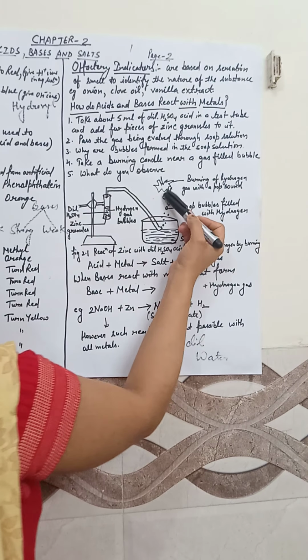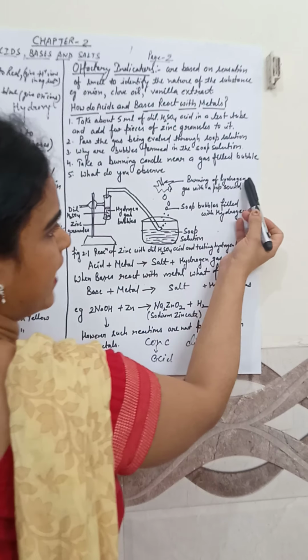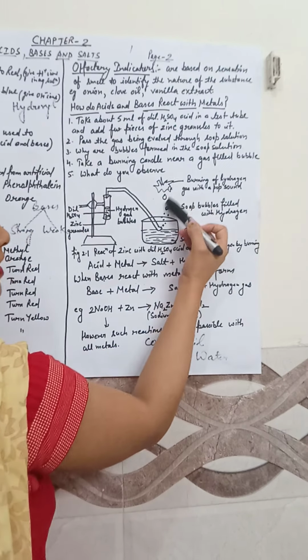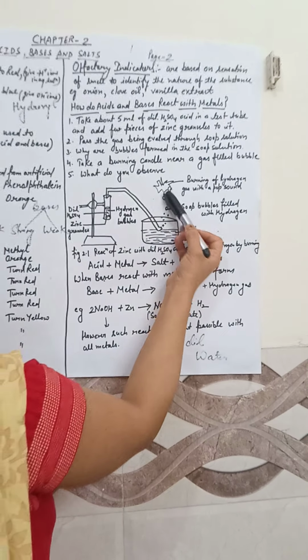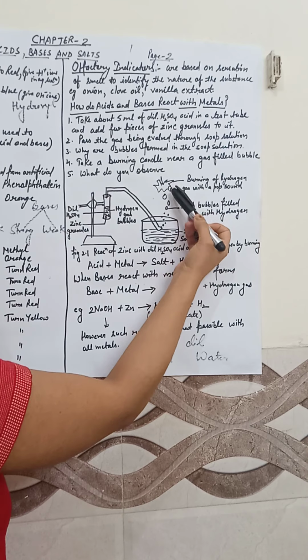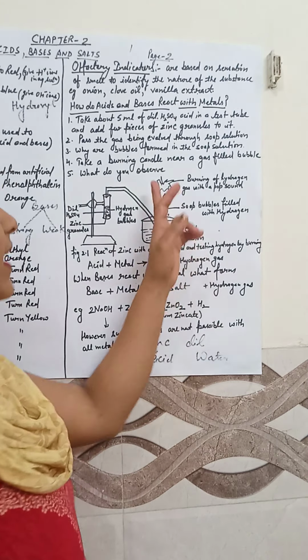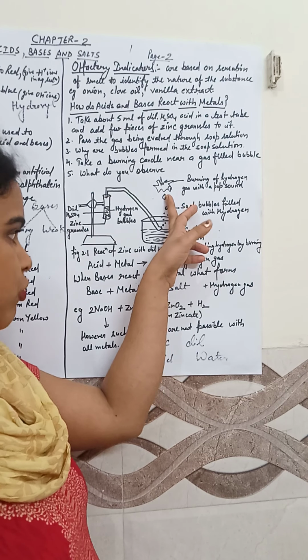Whenever these bubbles come in contact with a burning candle, they burst with a pop sound. So it indicates that the bubbles contain hydrogen gas, which confirms the presence of hydrogen gas.